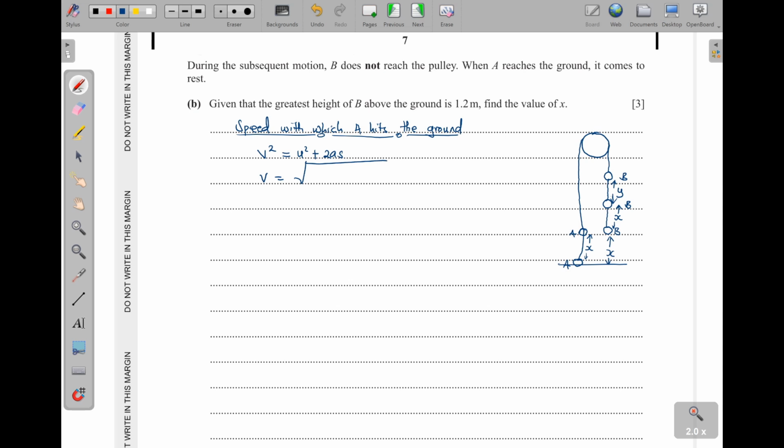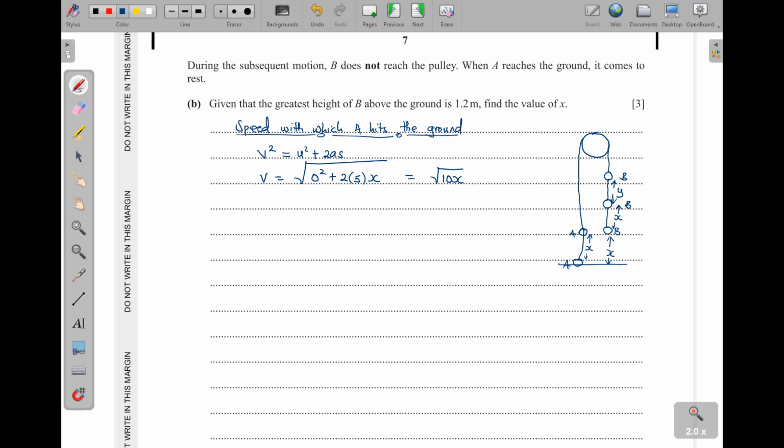The system was released from rest, so we have 0 squared plus 2 times the acceleration. We have gotten it as 5, and then the distance traveled is this x here. So our V here is going to be equivalent to the square root of 10x.